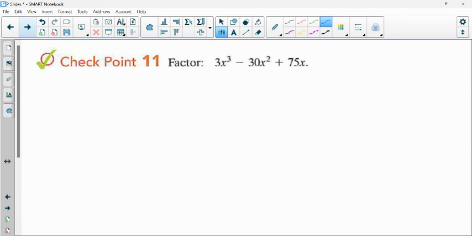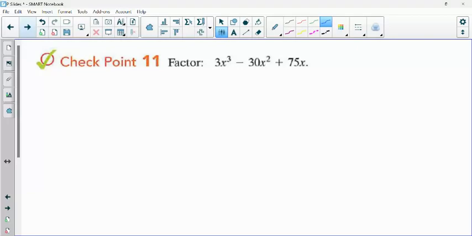So our problem we have here says to factor 3x cubed minus 30x squared plus 75x. And remember, what's the first thing we always look to do? Yep, we're always starting at the top. Look for a GCF. In this case, we do have a GCF.